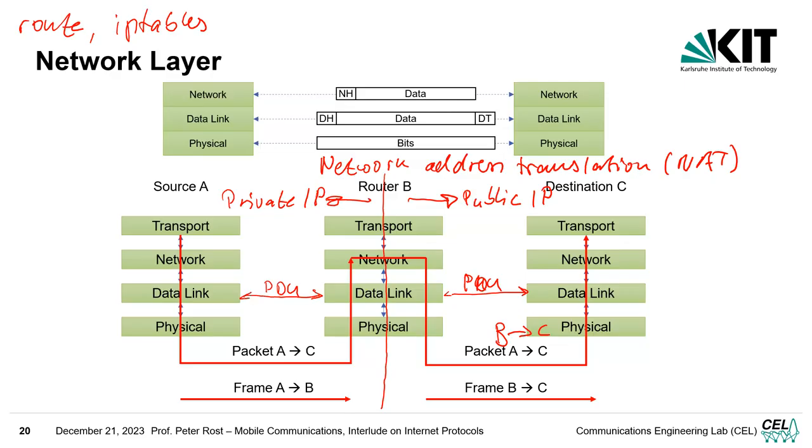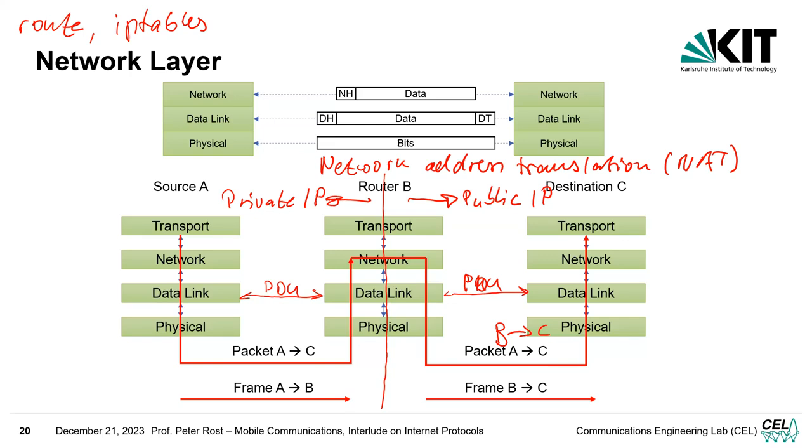So the destination will always only see the router as the source of a transmission, and it will not see where it originally came from. And it's actually very good because this allows you to hide your nodes within your subnetwork and to avoid that this private information is made public.